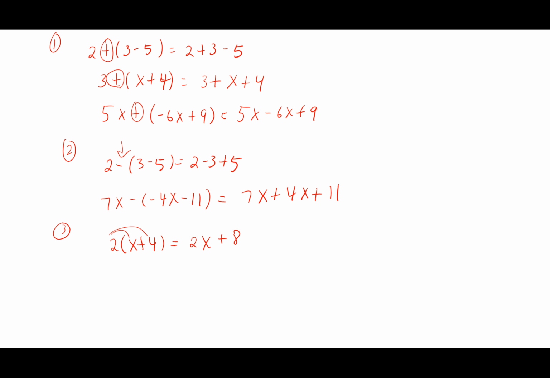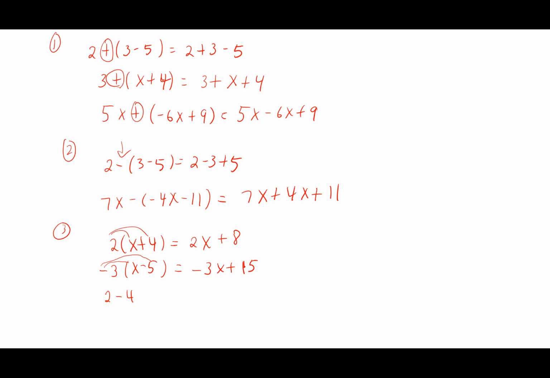So you just distribute it throughout the parentheses. What if you had this one? 3 times (x minus 5). Again, that's going to be 3x minus 15. Okay, so 3x minus 15. 3 times 5 is 15. What if you have this one?